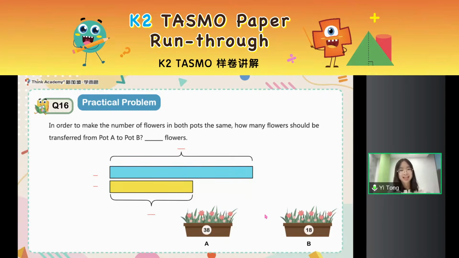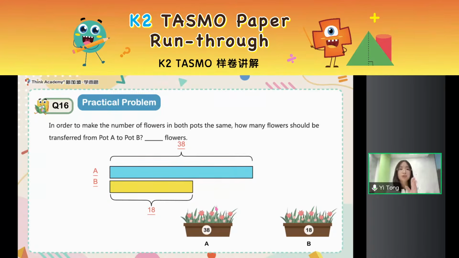Blue or yellow? Okay, which one is 38? Blue or yellow? Yes. So the blue one is 38 or A, right? Now, yellow one is B, fewer flowers, 18.